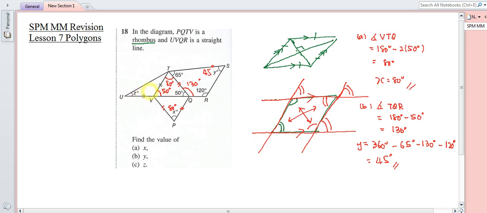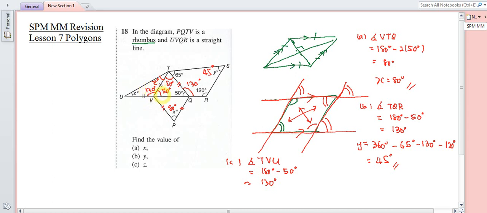Okay, so now you see these two same length means that this is actually an isosceles triangle. It will be also equal to z. And this angle TVU is equal to 180 minus 50. You get 130. So here's 130.